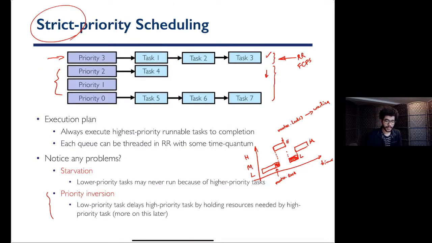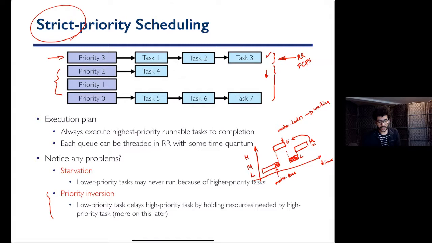So now this M task is indirectly getting a higher priority than this H task. So this is where the priority inversion comes in. Again, priority inversion happened because this M task was able to preempt the L task. And as a result, indirectly, now the H task is waiting for this M task.